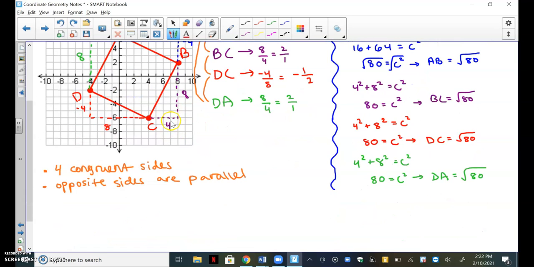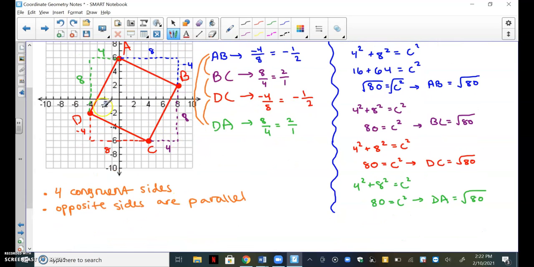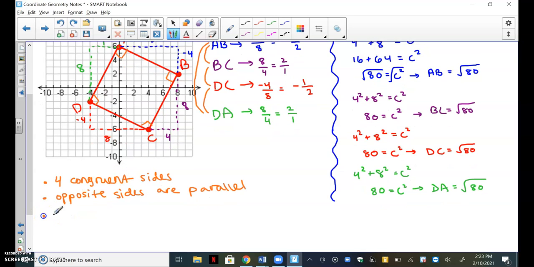These are all opposite reciprocal pairs. So we're able to say that there are right angles at all of these corners. So we can conclude that there are 4 right angles because of opposite reciprocal slopes.